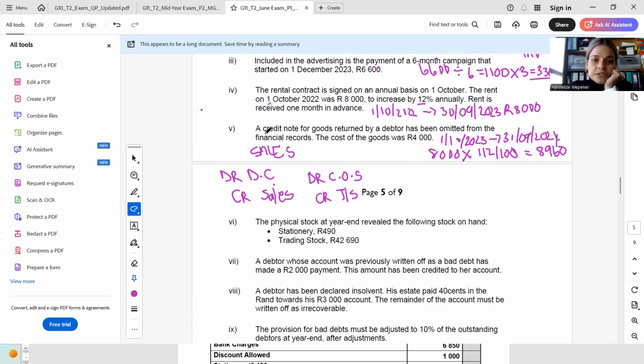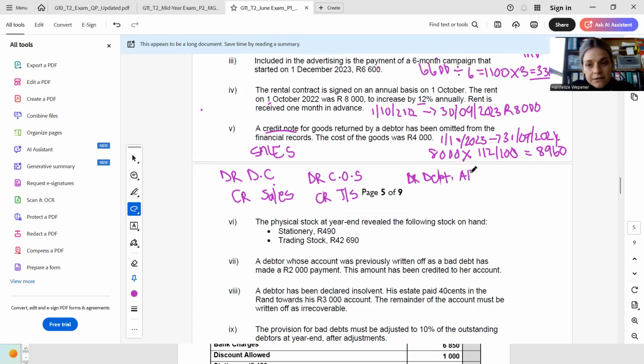Now they are saying that you issued a credit note. So in other words, you credited this debtor's account because he returned the goods to you. So you need to now basically reverse this transaction. So you are going to debit not the sales, but debtors allowances. Remember, we don't go directly in our sales account. We're not allowed to do that.